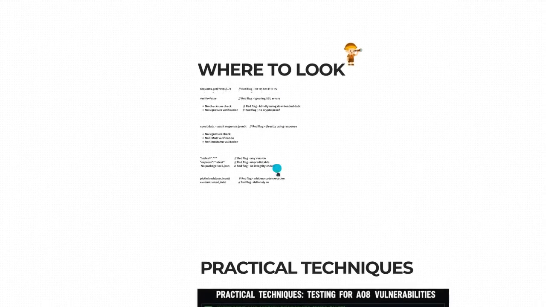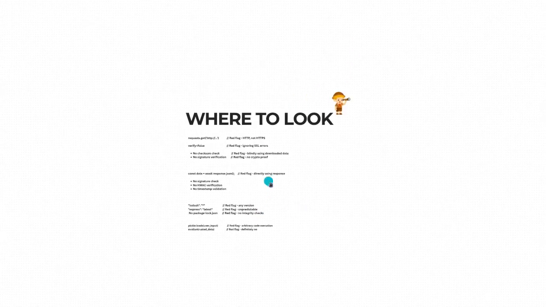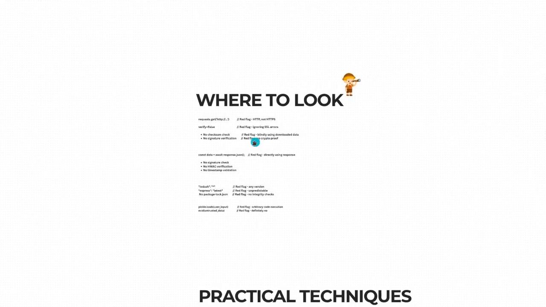So how do you actually find this vulnerability during code review? Because that is the question, right? Where do you even start? Let's break it down into places you need to look. First, look at downloads and updates.